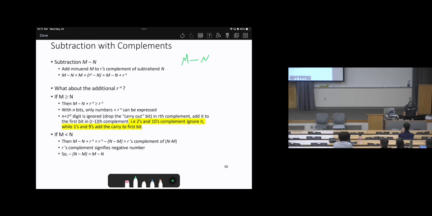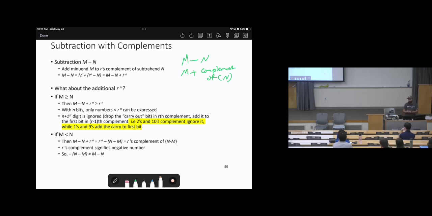I'm going to solve it as m plus the complement of n. Because I can represent minus n as a negative number using a complement, it will be m plus n's complement.